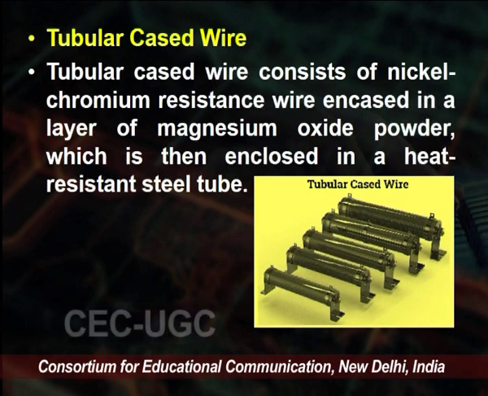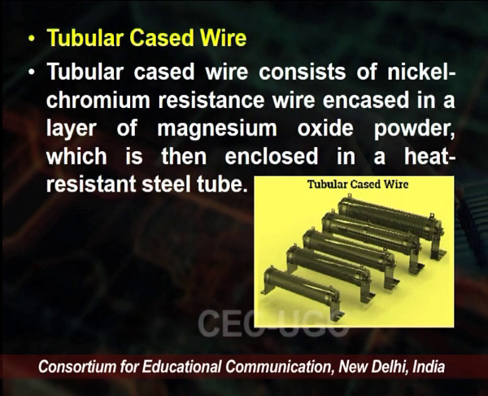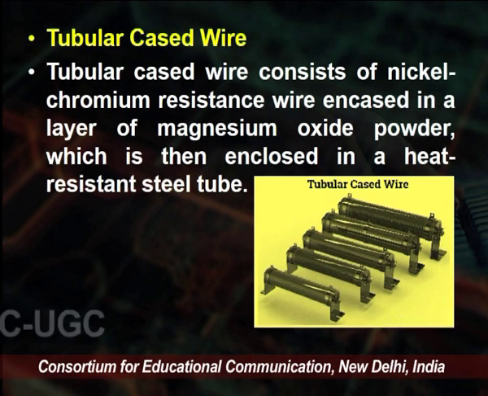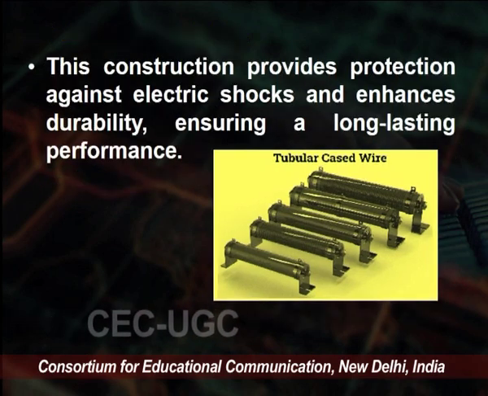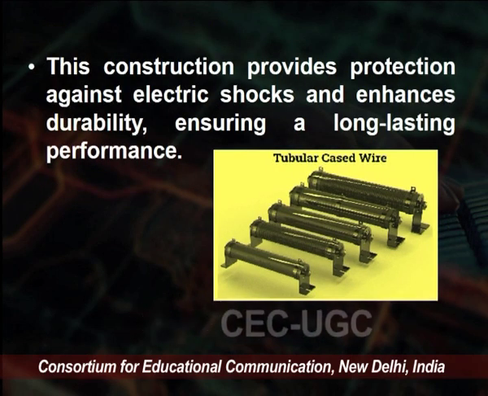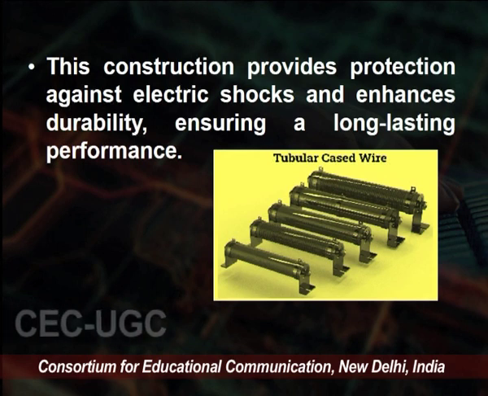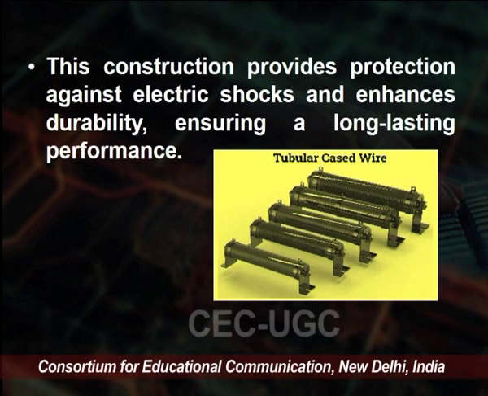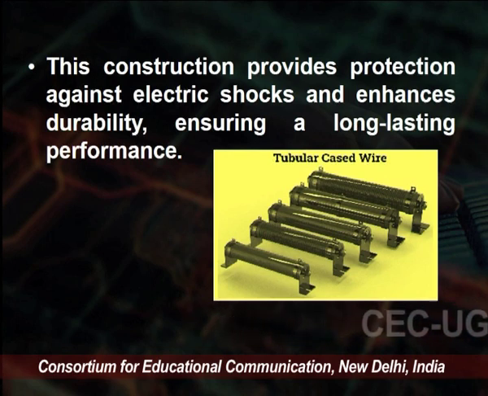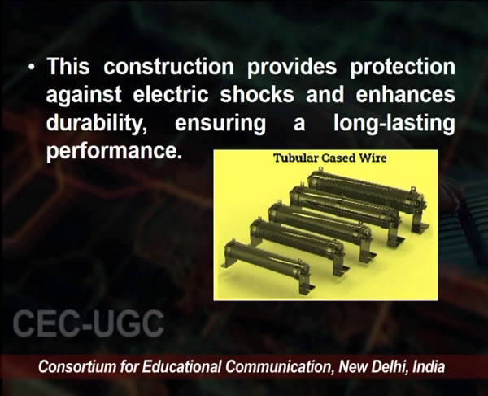You see on the screen, this is one type of tubular cased wire, and these wires are used in the electric heater. This construction provides protection against electric shocks and enhances durability, ensuring long lasting performance. So, these tubular cased wires give very high performance.